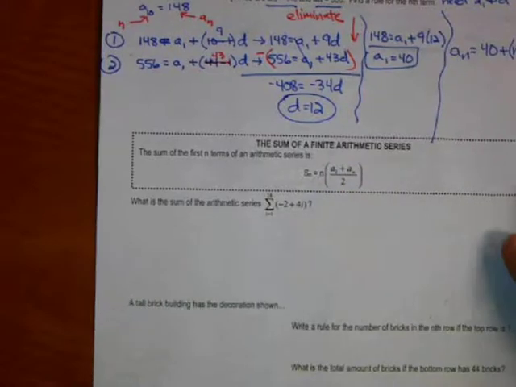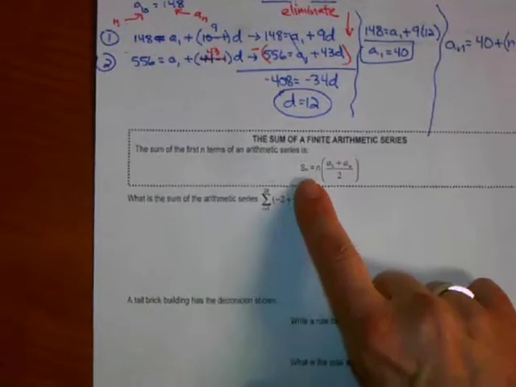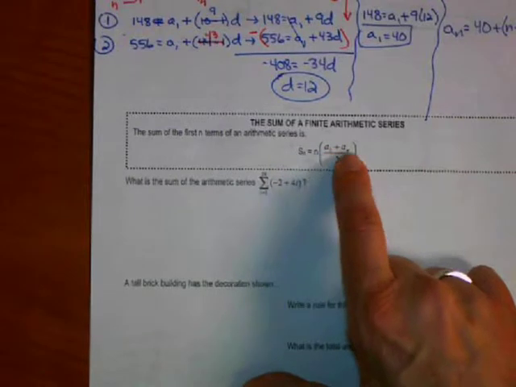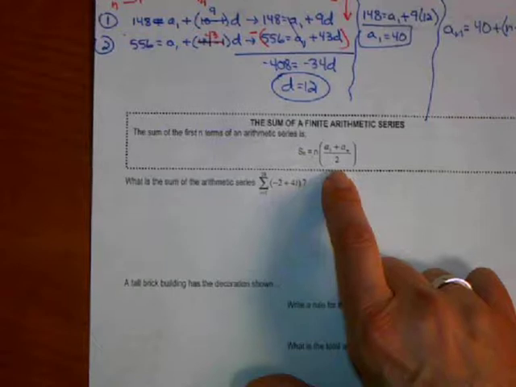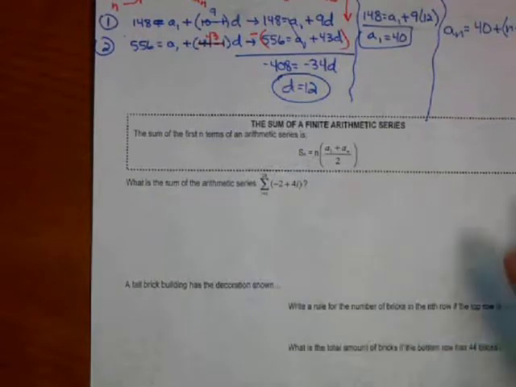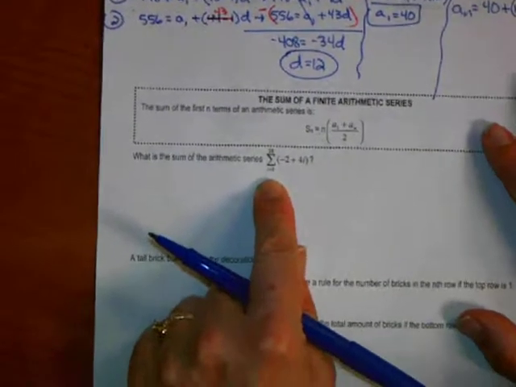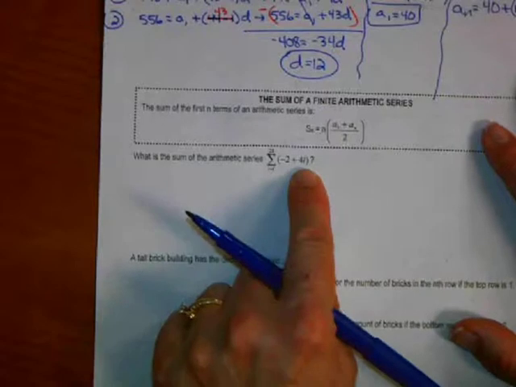The sum of the first n terms of an arithmetic series is denoted by this. S of n equals n times your first term plus however many you want to include in this sum, divided by 2. Okay? Now, this is where that summation came in. This right here is what I was talking about on the front page. This is not i as you know it.